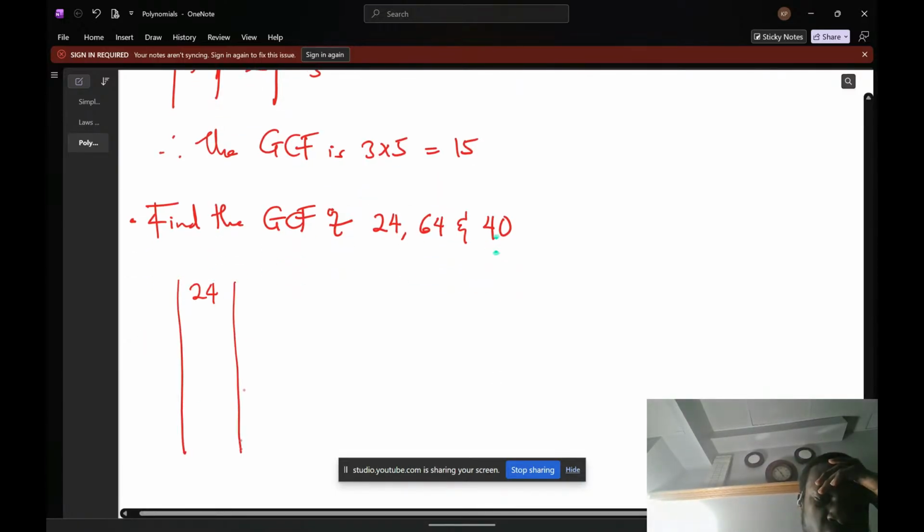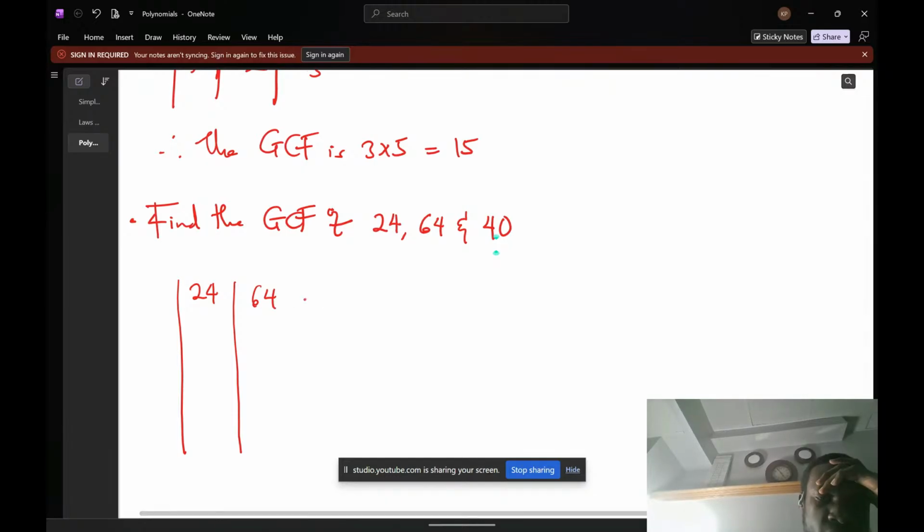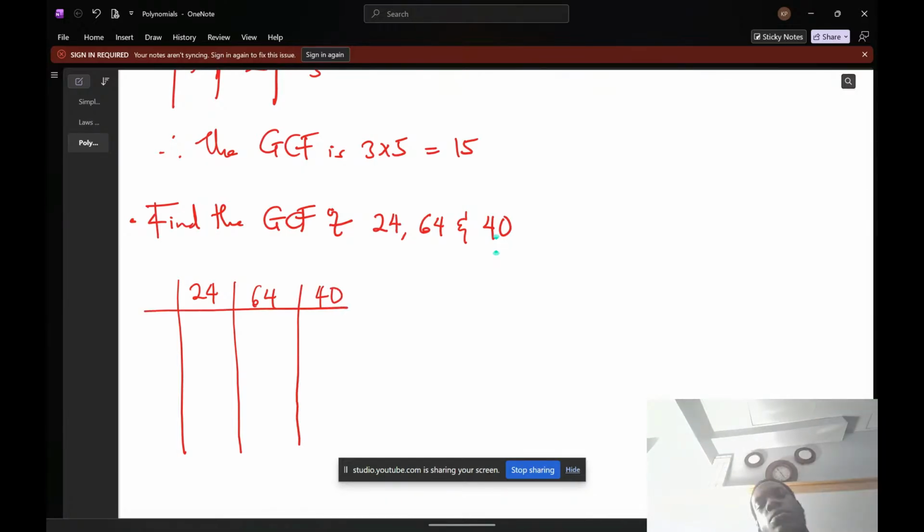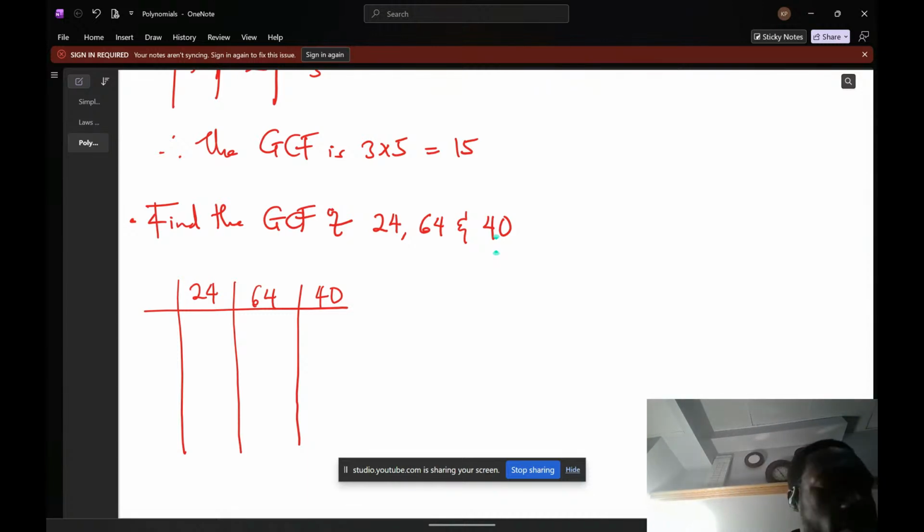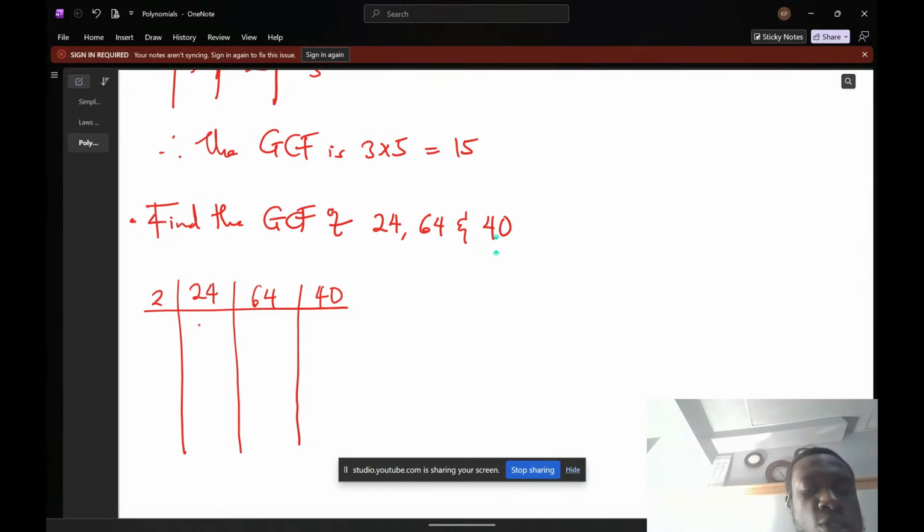So now let's start with 2. We start dividing by 2. 24 divided by 2 will give us 12. 64 divided by 2 will give us 32. 40 divided by 2 will give us 20.